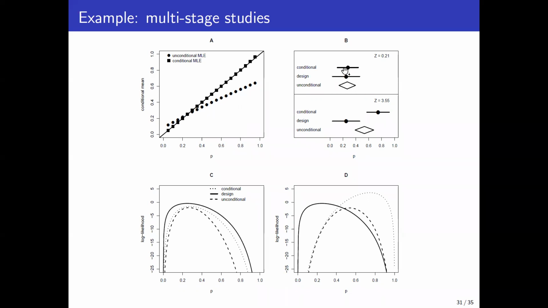But the actual proportion of successes or responses differs substantially between the two samples. So in this case, we've got a conditional maximum likelihood estimate that is quite consistent with the design estimate and therefore consistent with the standard unconditional MLE.